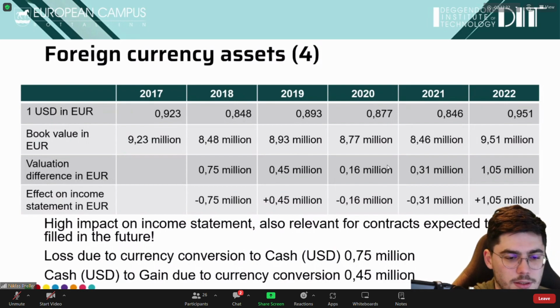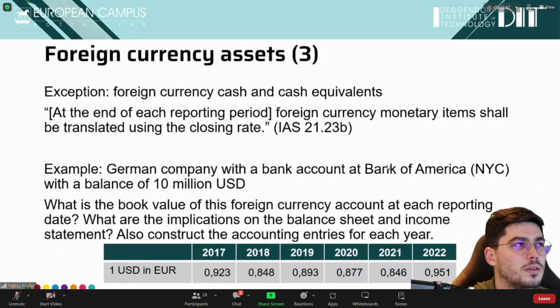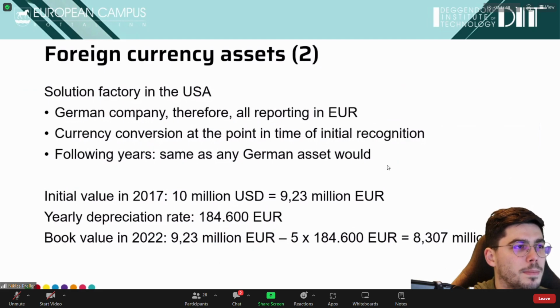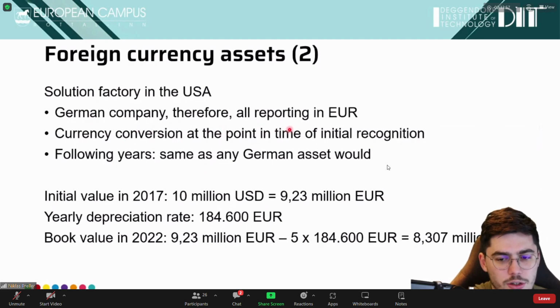So take from this that there is a difference between the handling of monetary assets like cash and cash equivalents with foreign assets, and also with property, plant, and equipment. For property, plant, and equipment, we have one currency conversion at the point in time of the initial recognition into our functional currency.